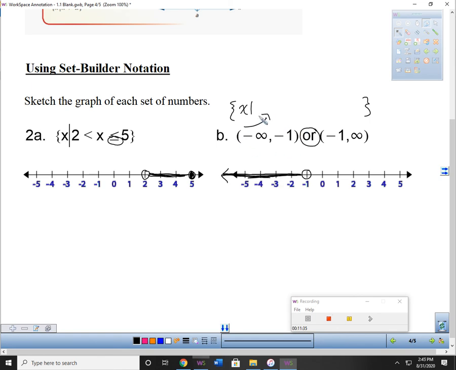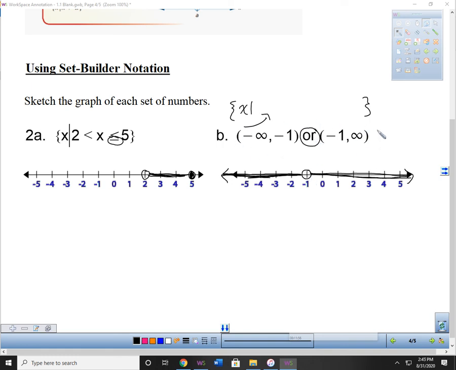Okay, so that's one half of this statement. Then it says, or I can start at -1, notice, open circle, and go all the way to positive infinity. Now, just because, let's write this a different way.